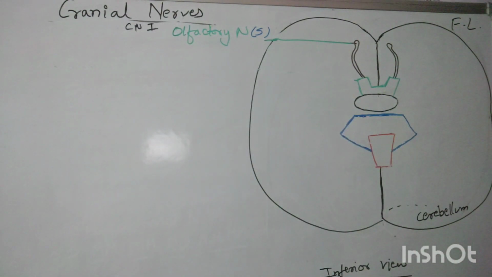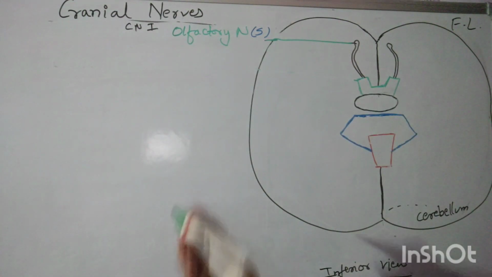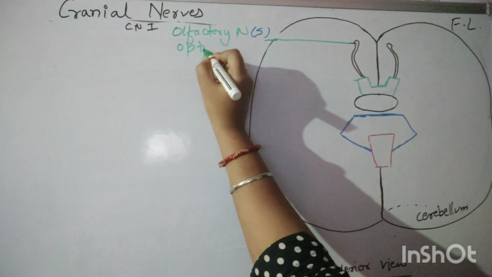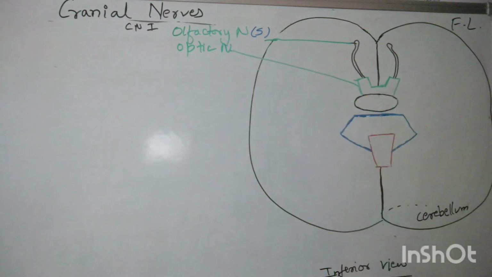Now we are getting the smell that some food is around here. Then we start searching where it's coming from. Then suddenly we notice that from that corner there are food stalls and fast food. So we have visualized that thing, and that is carried by the optic nerve.